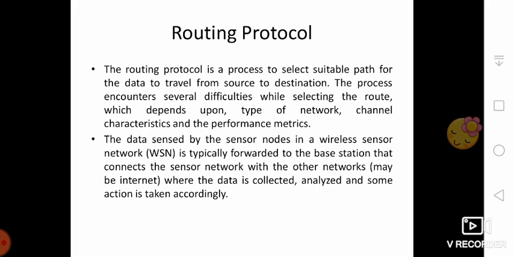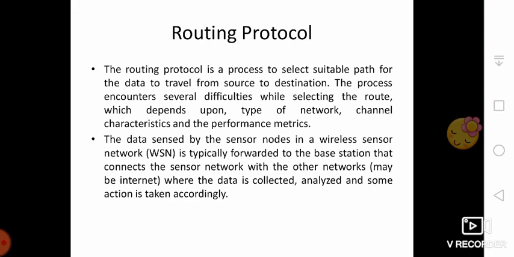So the data sensed by the sensor nodes in a wireless sensor network is typically forwarded to the base station that connects the sensor network with the other networks, maybe internet, where the data is collected, analyzed, and some action is taken accordingly.